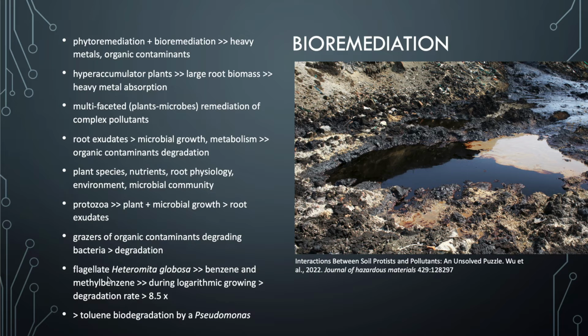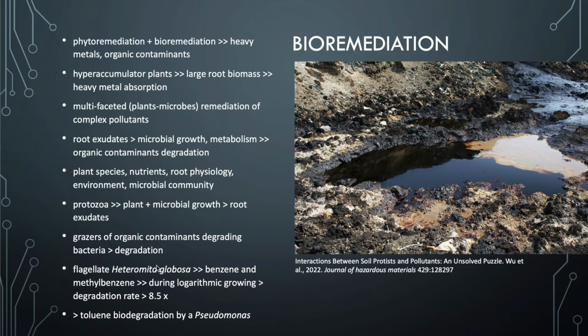An example is when the flagellate Heteromita globosa increases the degradation rate of benzene and methylbenzene during the logarithmic growth of the bacteria that degrade these contaminants by over 8.5 times.